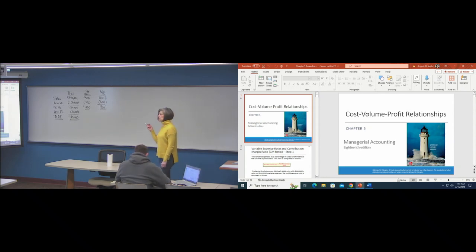I just wanted to put this back up before I get started today, getting into the nitty-gritty of the cost, volume, profit analysis. We're going to go through some examples on the board. We're actually going to have to write this template again for another example that we're going to use to reinforce the examples given in the PowerPoints.